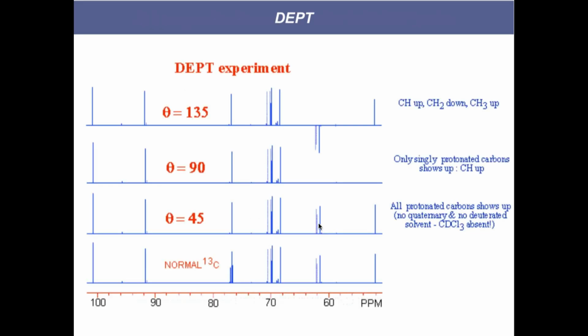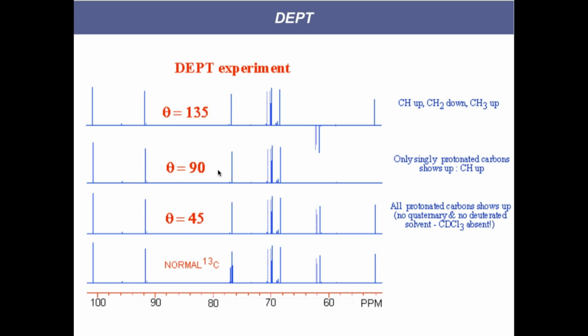So you'll notice that the DEPT 45 looks exactly the same as our carbon-13. There are no peaks missing. That means that we have no quaternary carbons in our spectrum, because if we did, they would not show up on DEPT 45.